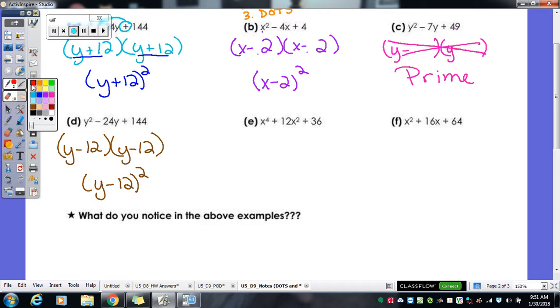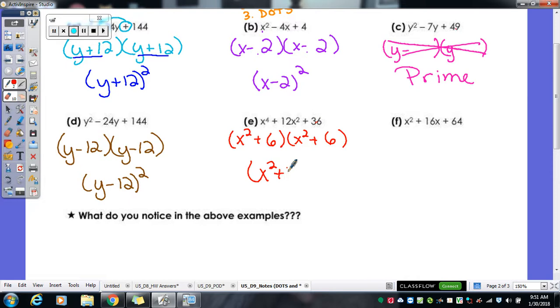All right, E, do we have a GCF? No. What will our signs be, same or different? Same, good. Now this one's x to the 4th, so it's not going to be x and x. So it's x squared plus, multiplies to 36, adds to give us 12. 6 times 6. So even though you already have the squared on the inside, you're still going to square that whole thing.